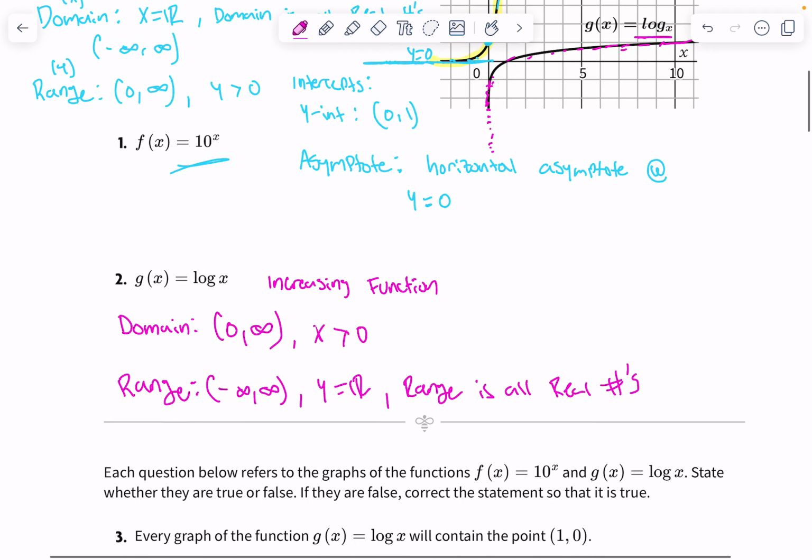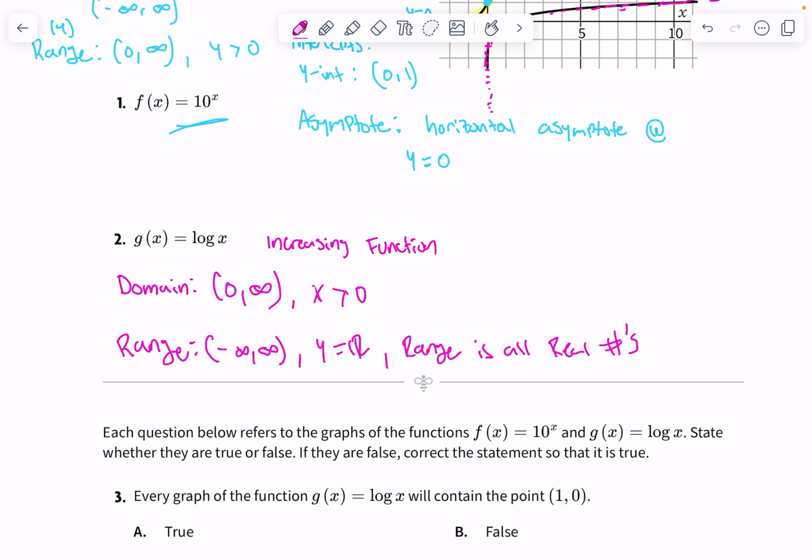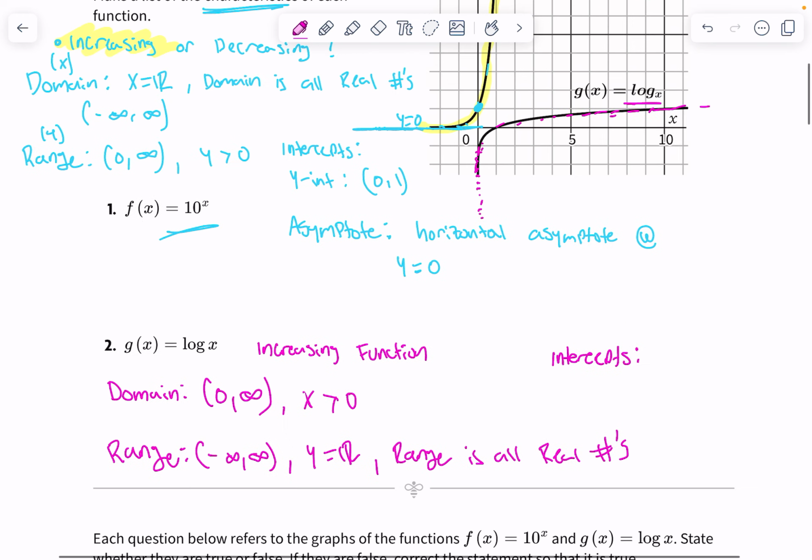Let's talk about intercepts now. Do we have a y-intercept? The answer there is no, it never really touches it. This graph is not the best, but it never touches it. But there is an x-intercept.